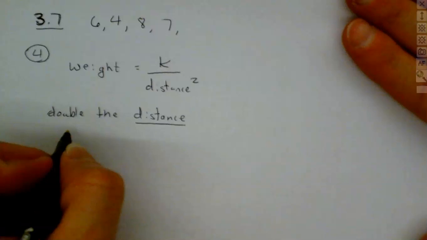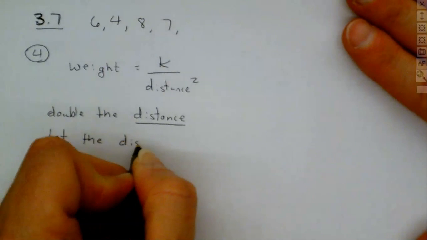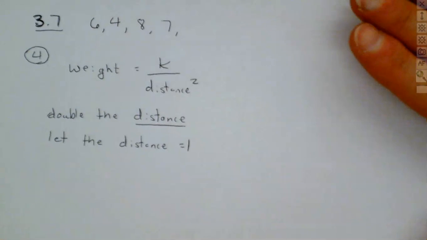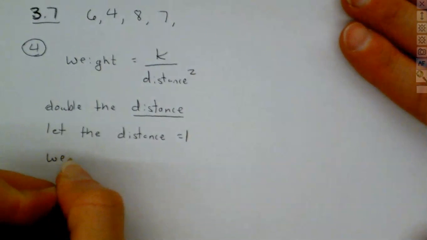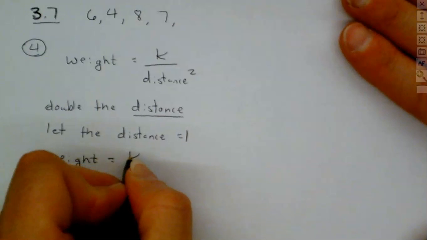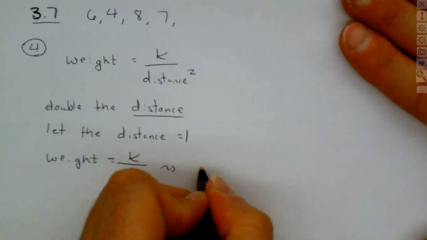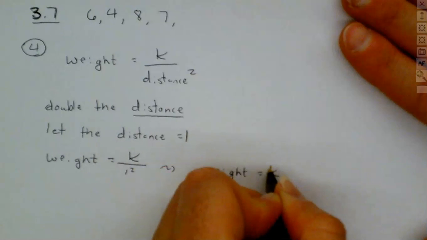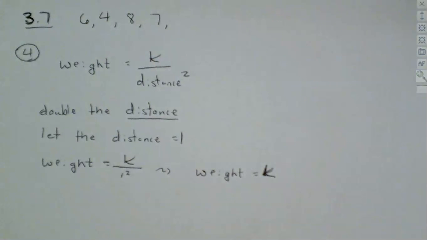So let's let the distance be 1 and see what happens. If your distance is 1, what is my weight going to look like? Well, that means k over 1 squared, which is then your weight is k, right? So if I have a distance of 1, my weight is whatever the constant is.